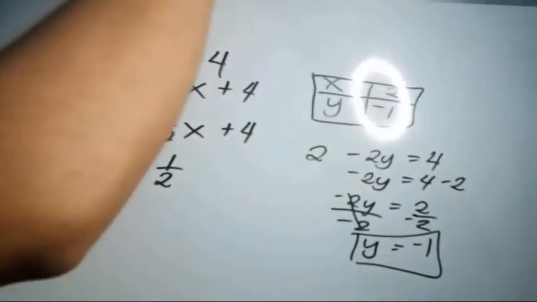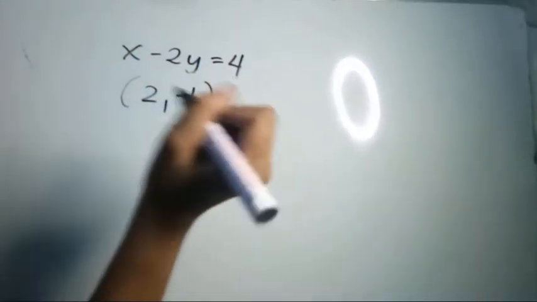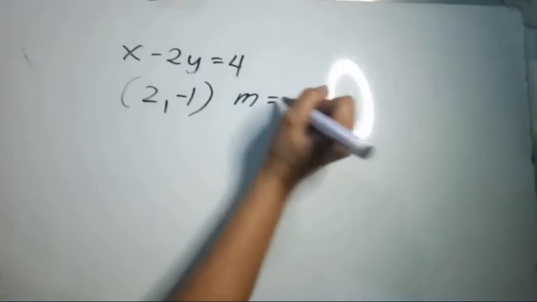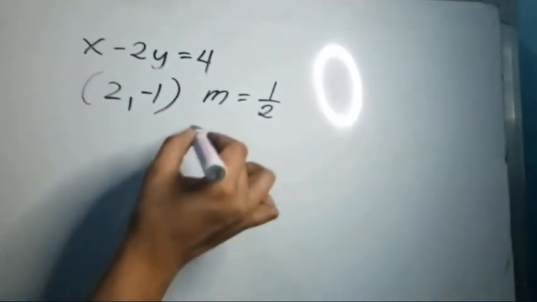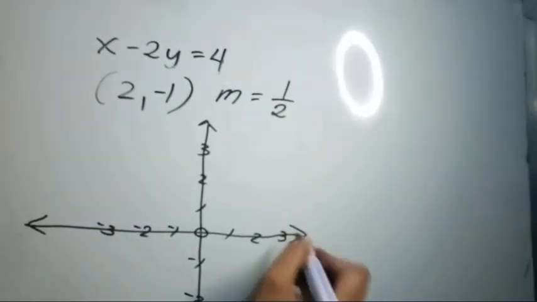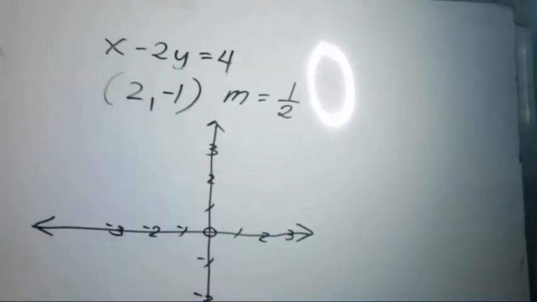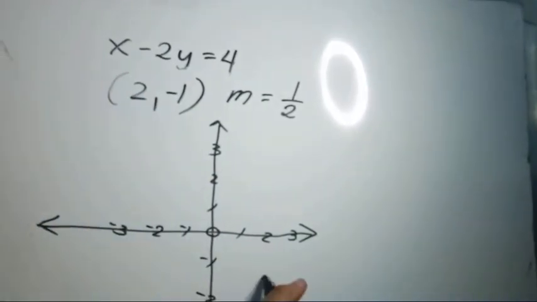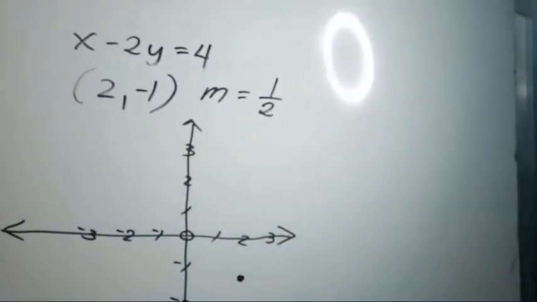By the given point that we have, (2, negative 1), and the slope that we have, 1/2, we can graph this equation. So let us create a Cartesian plane. Next, let us plot first the point. So we have (2, negative 1). Then use the slope to find the other point.